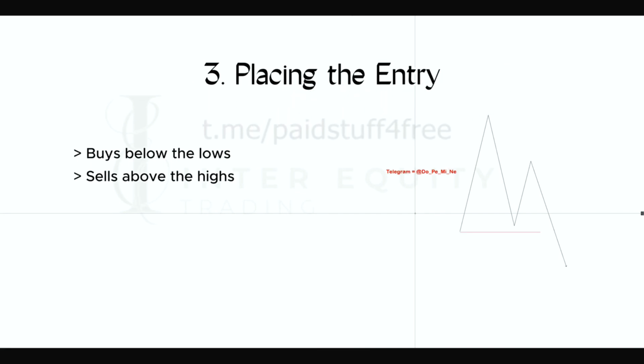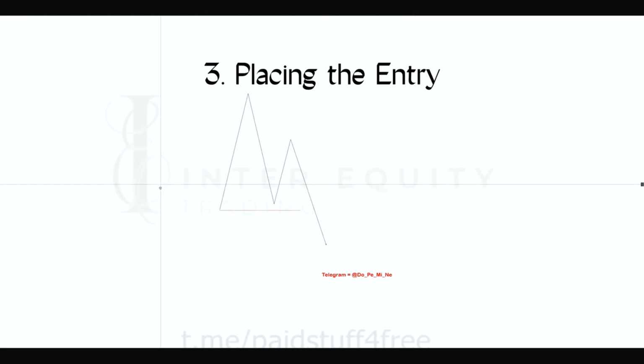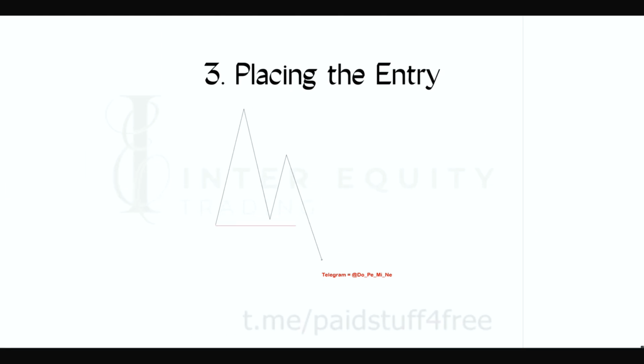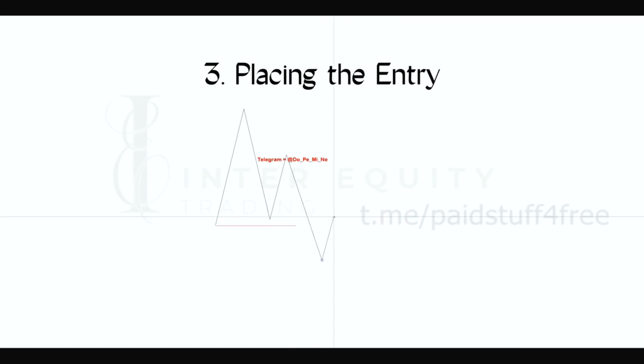All right, number three, placing the entry. Once the first two steps are completed, now it's finally time to be looking for your entry. Okay, so buys will be below the low and sells will be above the highs. Okay, so if you look at this example right here, after this liquidity was cleared, you essentially want to be buying below these lows.